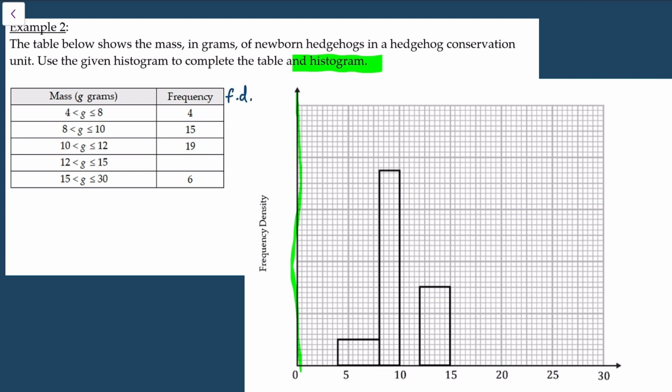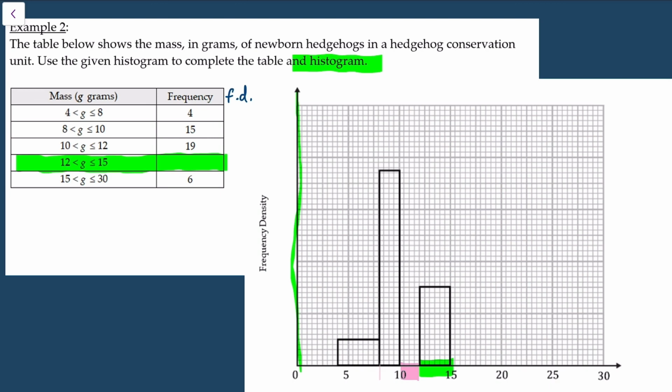density and I don't have the frequency density here. However, we know that we are going to just have a look, compare this 12 to 15. I'm missing the frequency, but I do have the bar. So I can't use 10 to 12 because I don't have 10 to 12 there.